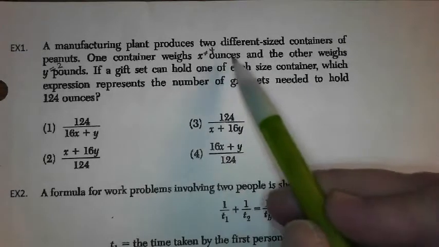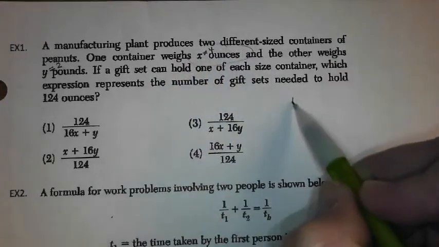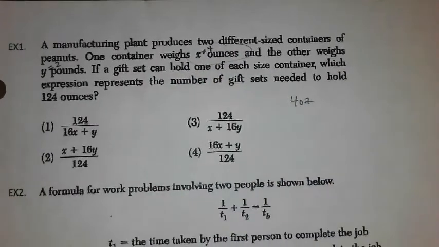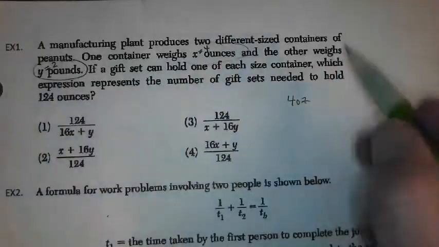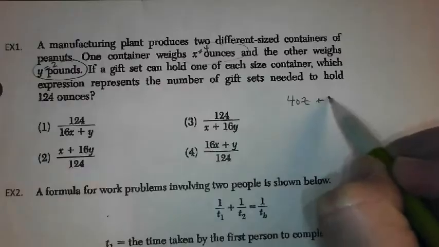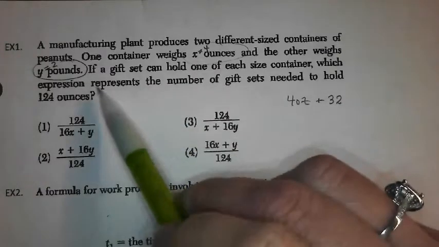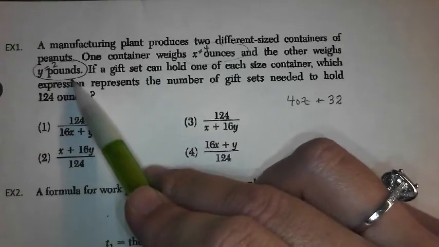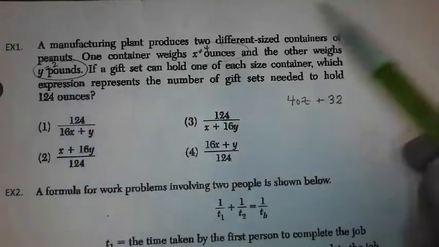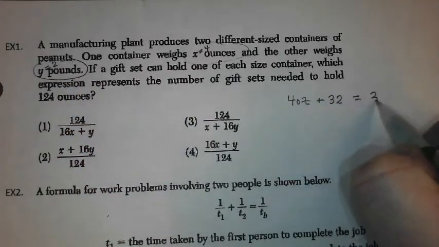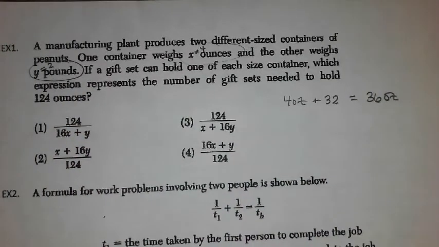One gift set holds one of these, so there's 4 ounces, right? And it holds one of these, which is how many ounces? 16 ounces per pound, right? So one gift set is 36 ounces.